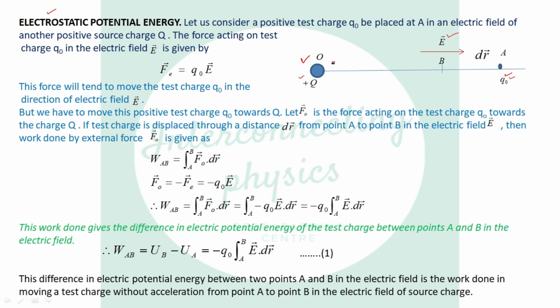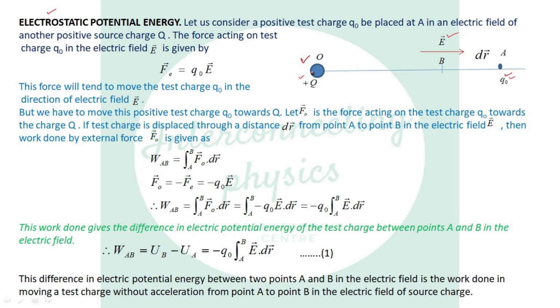what is the new thing which we have to do here is we have to bring this test charge close to plus Q charge. That is, we have to bring this test charge Q naught towards this source charge. Now, you know, due to electrostatic force of repulsion, this charge is moving away from this source charge, but we have to apply some opposite external force to overcome that electrostatic force of repulsion.